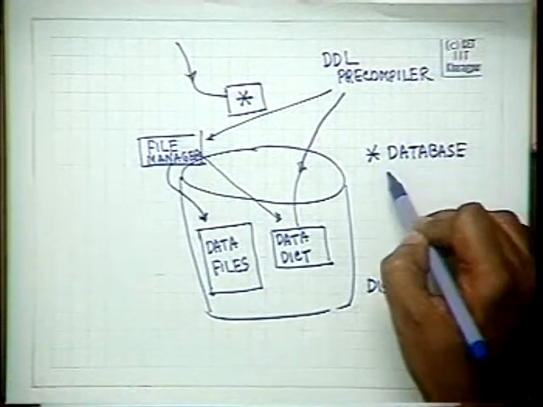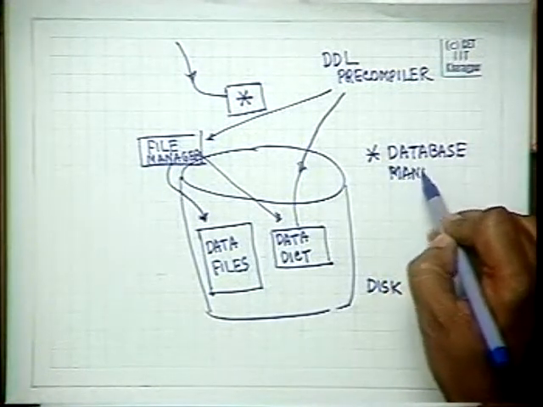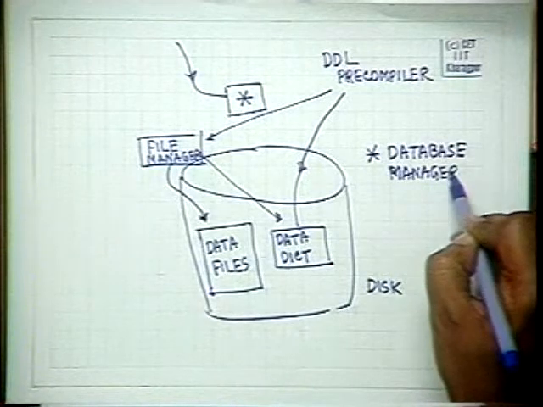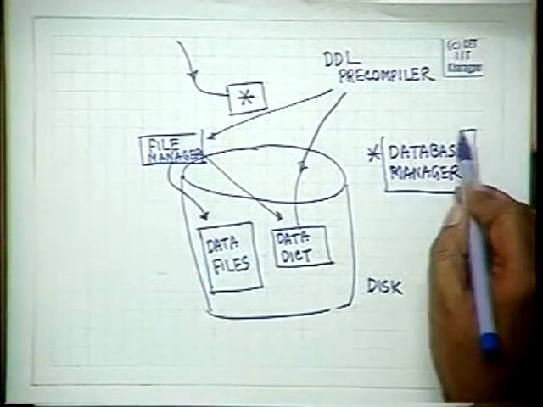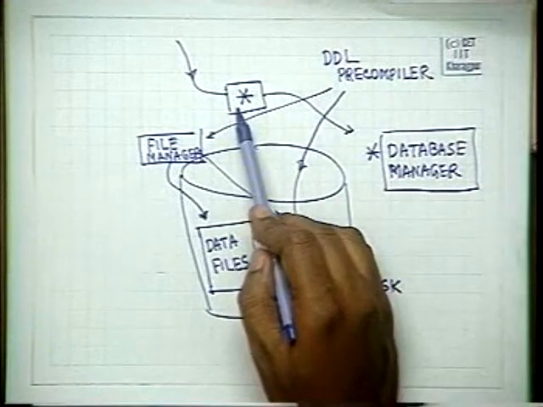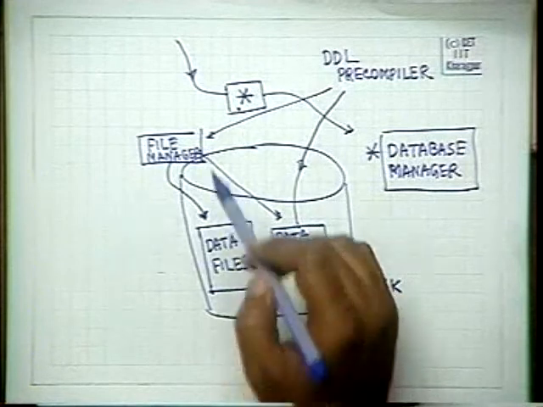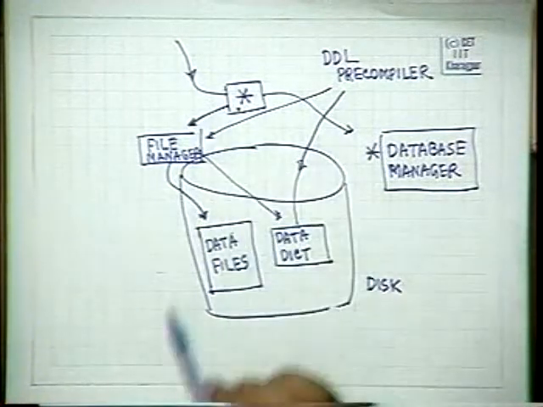This program or a set of programs controls the interaction of all the queries. This one is the database manager. It controls the interaction of all the queries, all the processing related to the data files through the file manager.